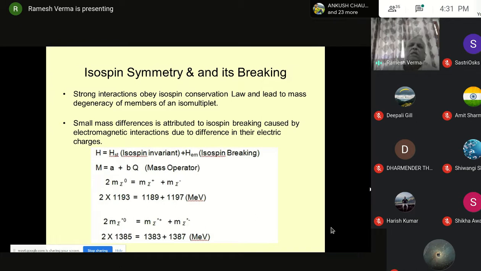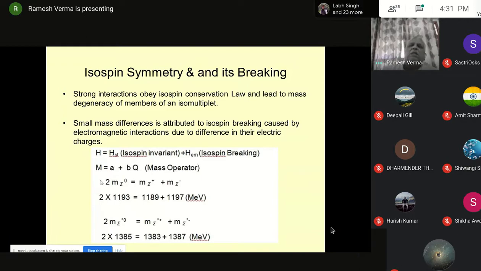So in this way, the Hamiltonian responsible for hadrons seems to have two parts. One is the strong interaction part, which is isospin invariant. Plus, there is a small contribution coming from electromagnetic force, that is isospin breaking, and this becomes proportional to charge, or technically the I3 component, because charge and I3 are basically connected.